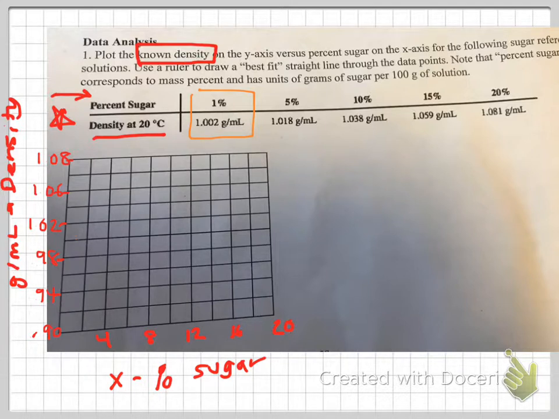I'm going to put an X there to make it easier to see. And then the next value that I'm going to graph is going to be 5 and 1.018, that's going to be right about here, right underneath here.